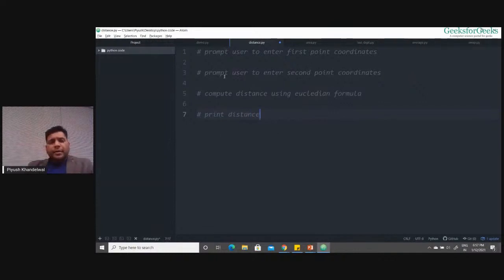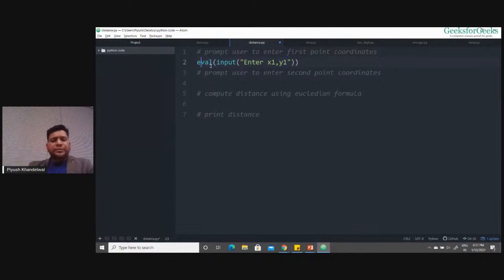And now if I write the code, I want the user to input x1, y1 in a single line. So again, we are going to use the eval input thing, and I'll ask the user to enter points in this format: enter x1 comma y1. So by seeing this, the user will come to know that they have to enter x1 and y1 separated by comma.